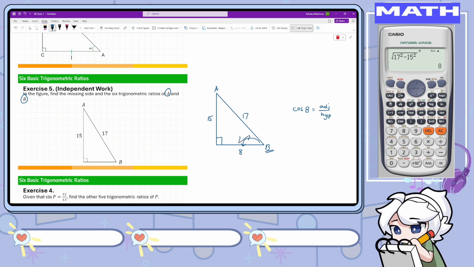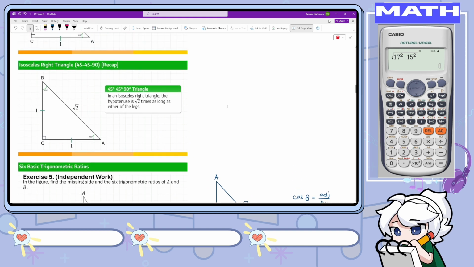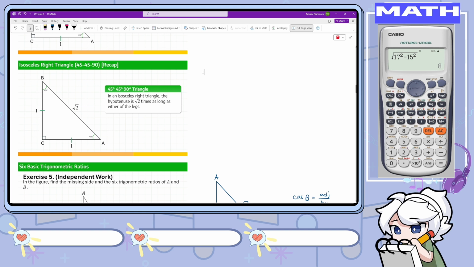Now, if you want to solve for this, you will get cosine B is adjacent, being 8, over hypotenuse 17. Now you're done. That's it, right? Pretty easy. You can pause the video again for this part so that you will be informed of the next example.